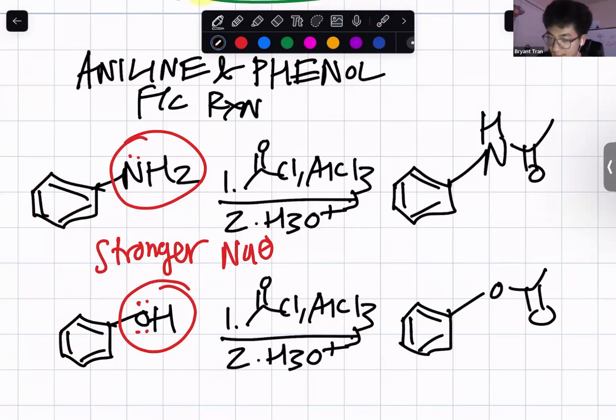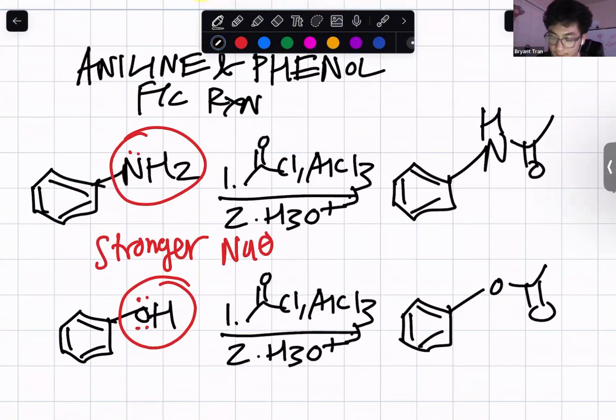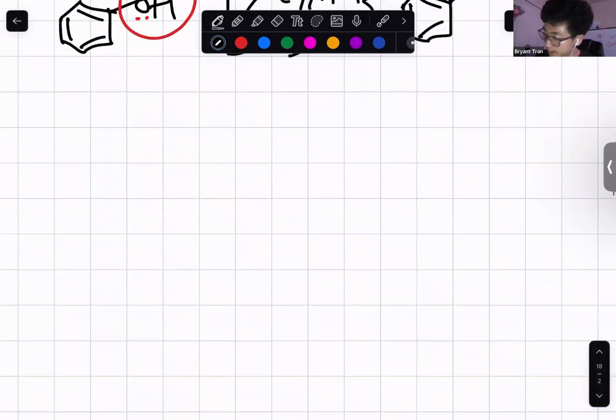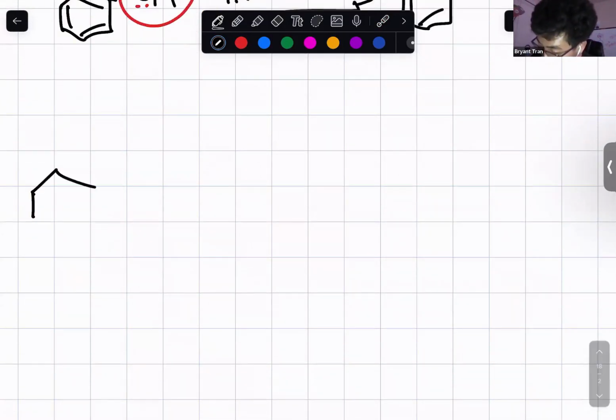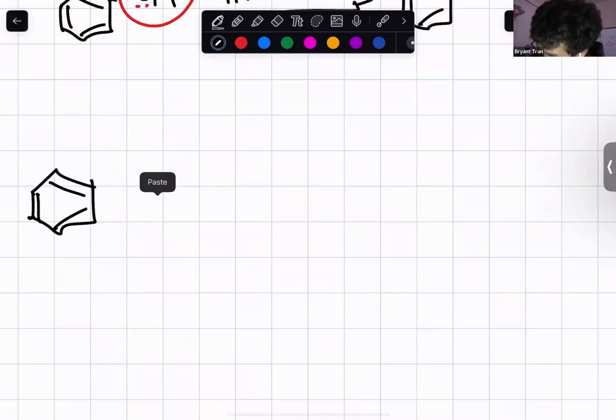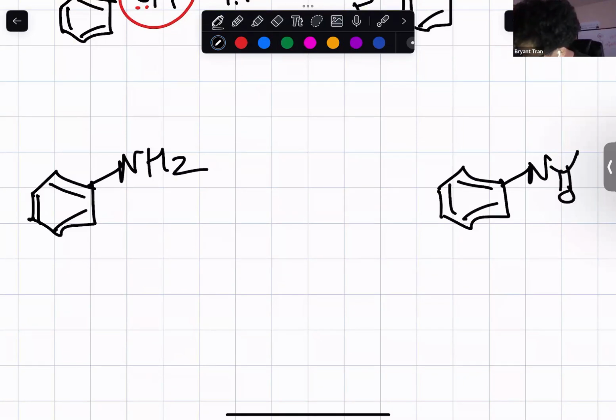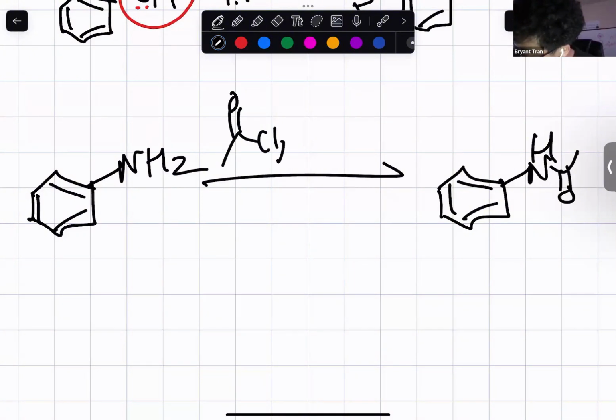So let's say you did want to attach the acyl group to the benzene ring though. You have to weaken the nucleophilicity of the NH2 or OH. You have to make it a weaker nucleophile. And we could do that by these reagents here. We could convert NH2 to an amide, which is a weaker nucleophile, by using acyl chloride and pyridine, right?